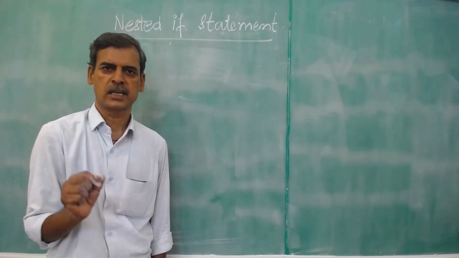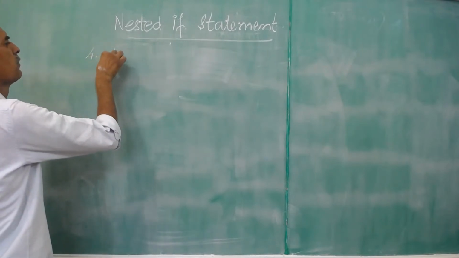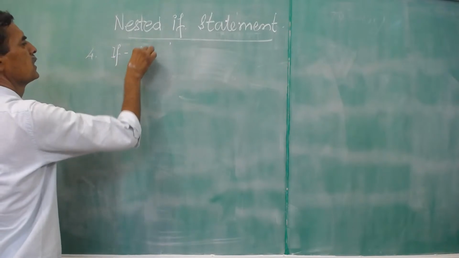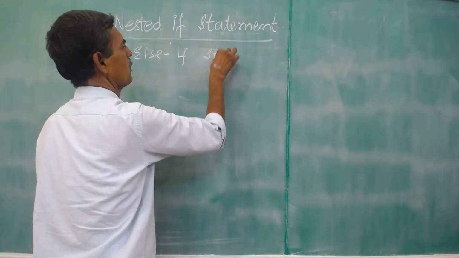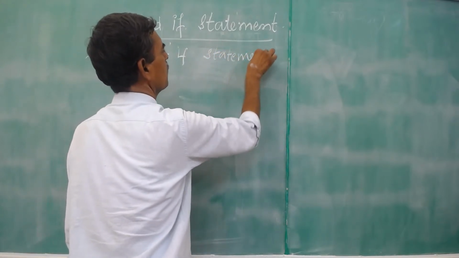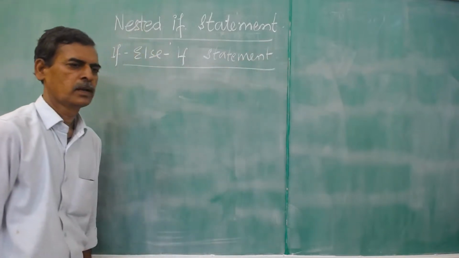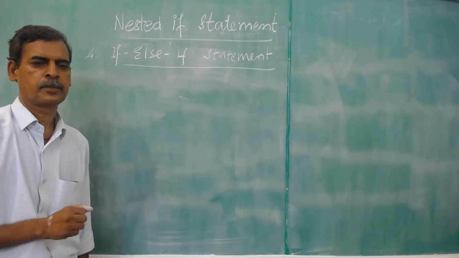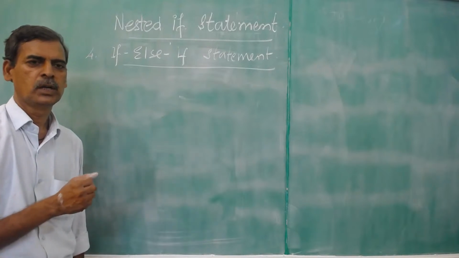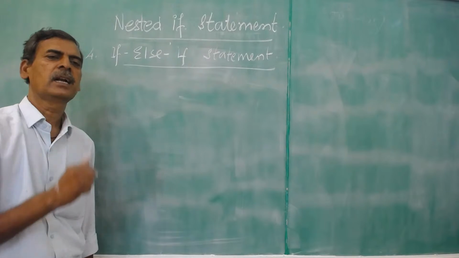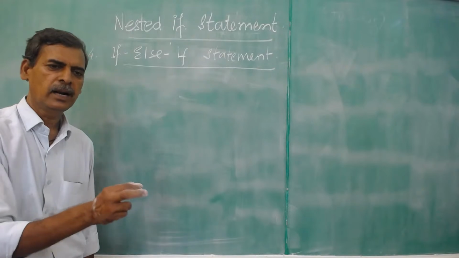The if, else if statement contains multiple test conditions: test condition 1, test condition 2, test condition 3, and so on up to test condition n. We can have n number of test conditions.